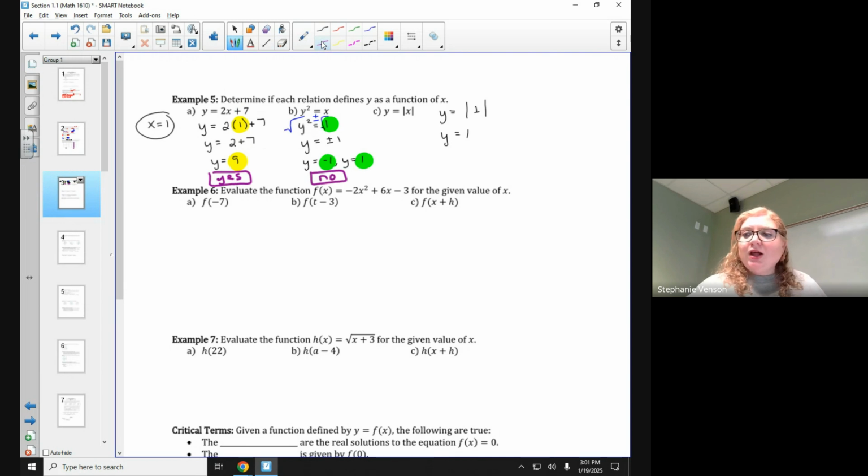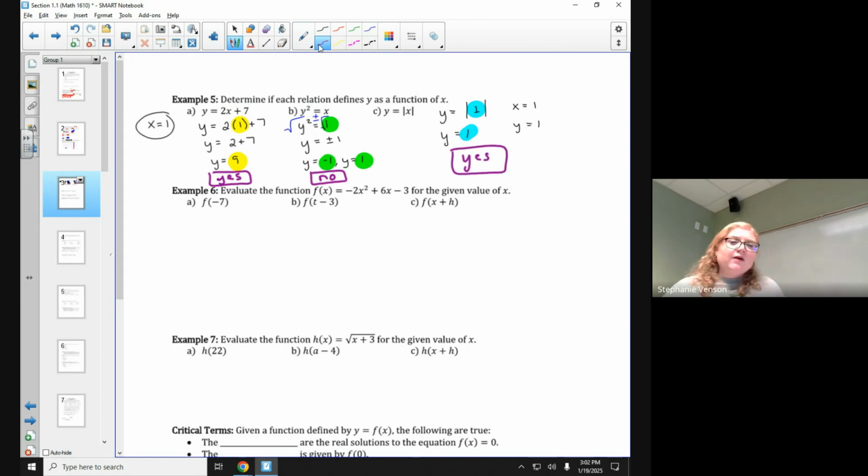So I plugged in x equals 1 and got out y equals 1. So a single input gave me a single output. So I would say for this one, yes, it is a function.